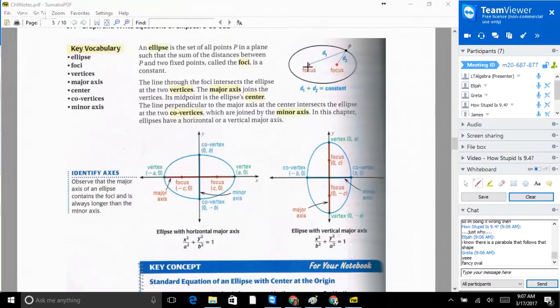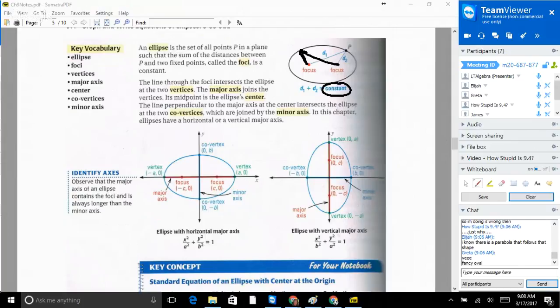I don't feel like I explained that very well, but if I pick point A over here and draw my distance from point A to the first focus point and to the second focus point, this total distance of the black line, from the focus point to the ellipse to the next focus point, is a constant.